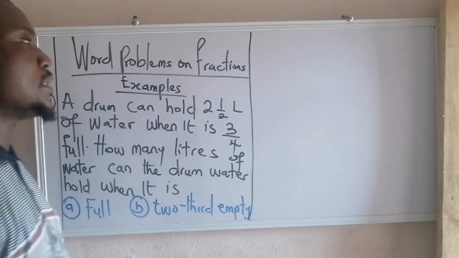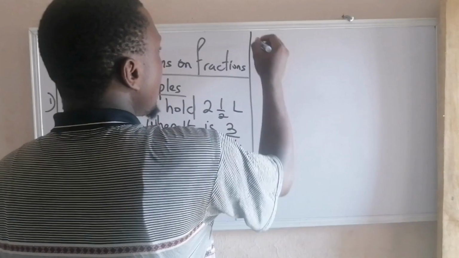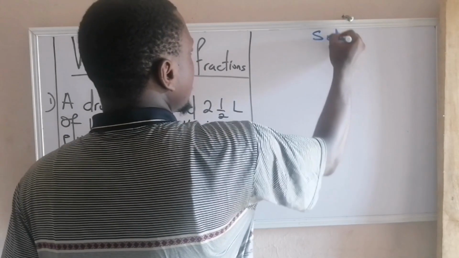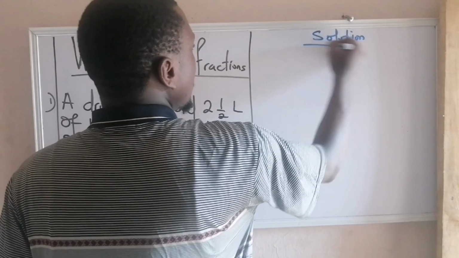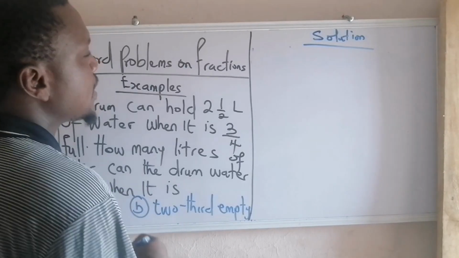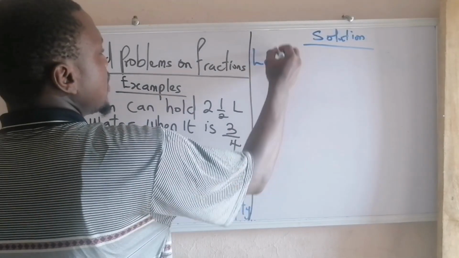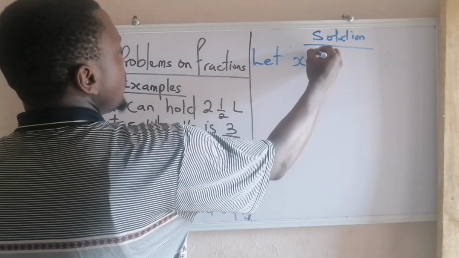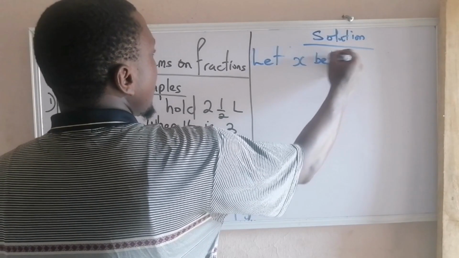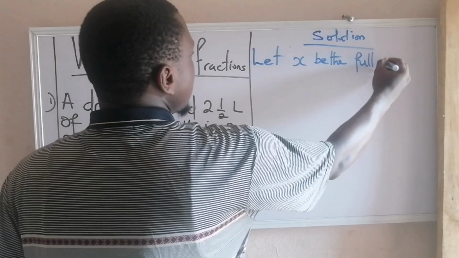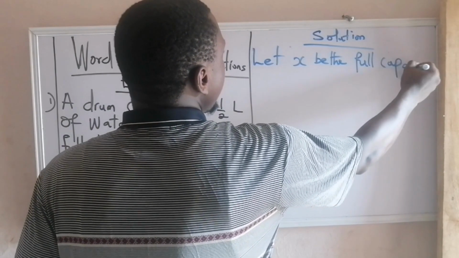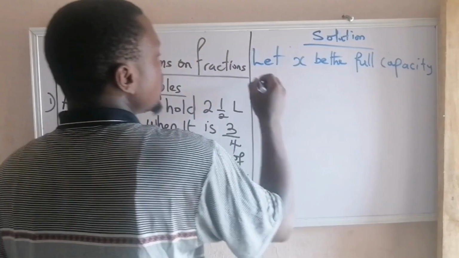So I'm going to start with this. We are going to assume a solution. Let X be the full capacity of the drum, because we don't know the full capacity of the drum.